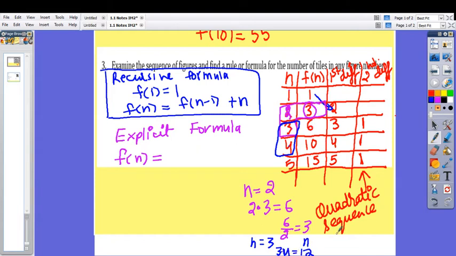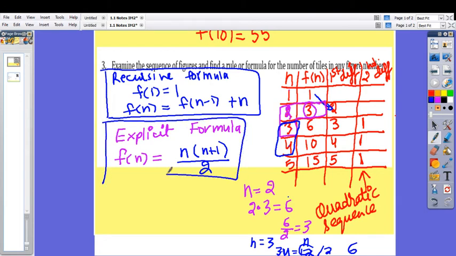But then you need to get 6, so you divide it by 2, and then you will be getting 6. So basically what we are doing is whatever is n, you are multiplying n plus 1 to that, which gives you this number, and then you divide that by 2 each time. So this is how you do that. Okay, this is an explicit formula for this.